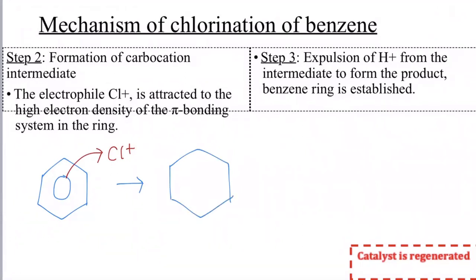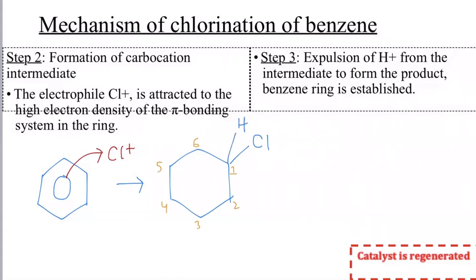Okay, I'm going to put my chlorine on that carbon just because. Okay, so if I number my carbon, wherever that chlorine is sitting is automatically number 1, 2, 3, 4, 5, 6.